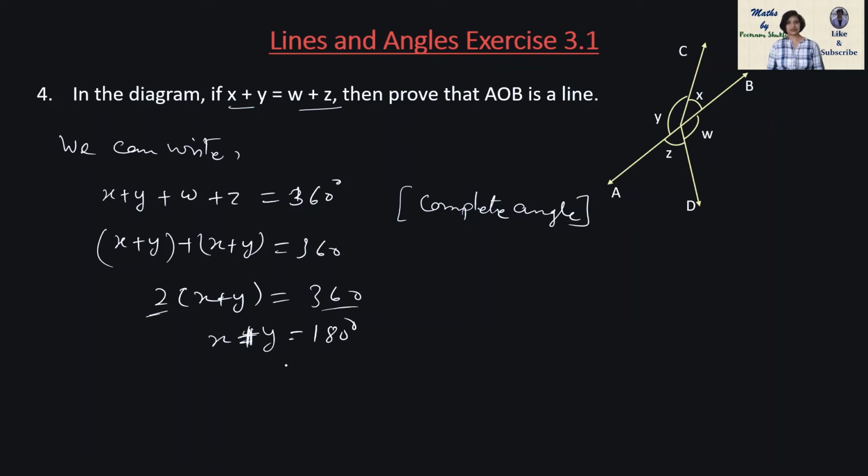So now if x plus y makes 180 degree, that means these are lying on this AB. So these are linear pair.